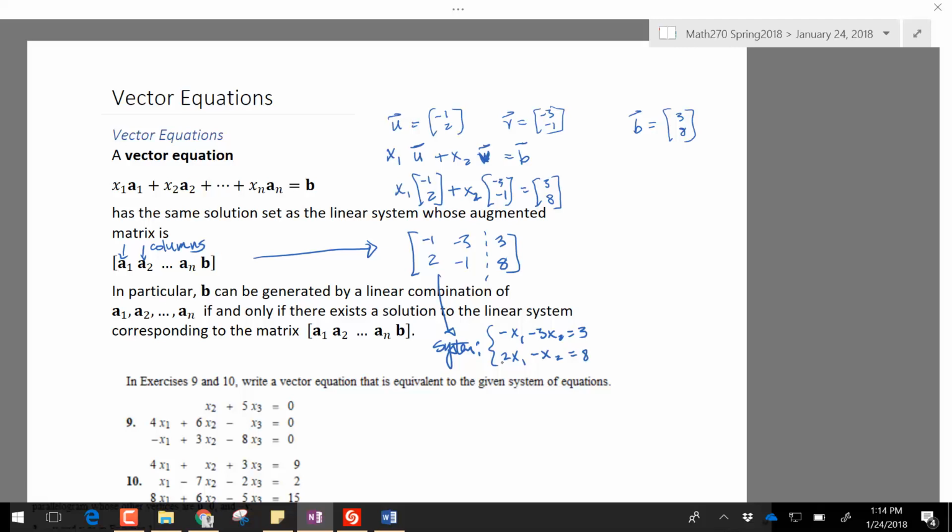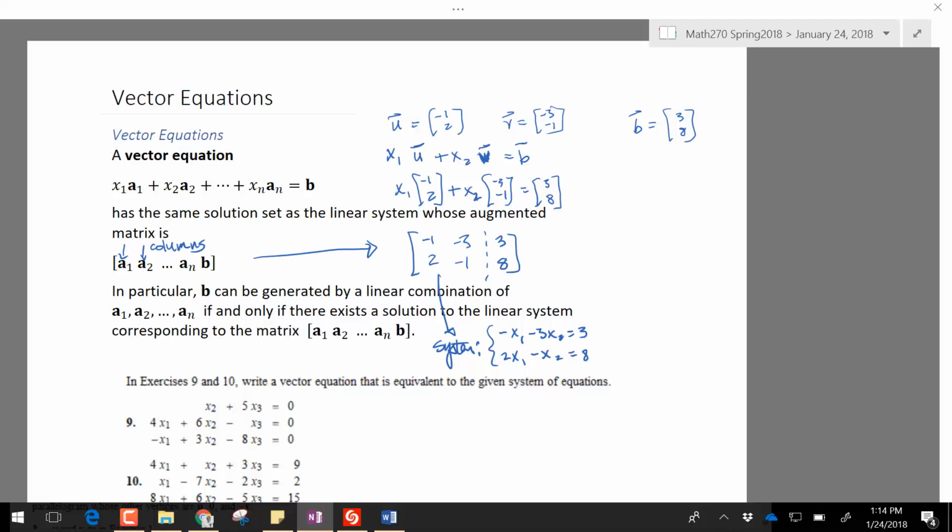Who says? Well, when we have a matrix, this is what they're saying here. They're saying that you can write your vector equation into a matrix. And now we've known that if we have an augmented matrix, we can go back and write that as a system. I mean, before we can say if we have a system, then we can write that as an augmented matrix.